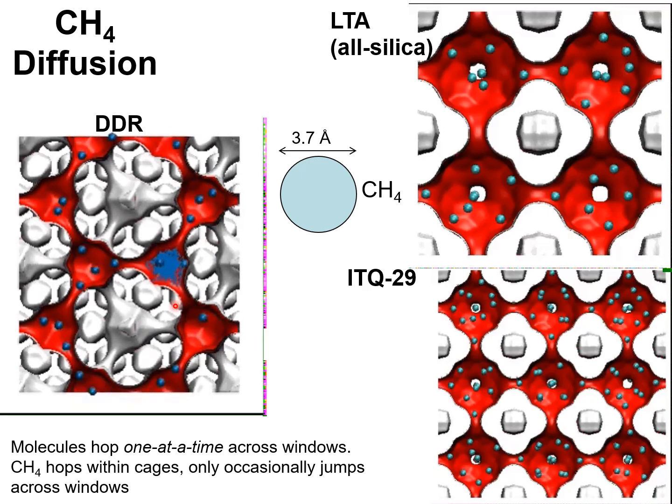Note that we are just tracking one methane molecule that was initially located here, and now it has entered this cage because the trajectory has entered the adjacent cage. So this intercage hopping occurs much less frequently than in these two types of zeolites.